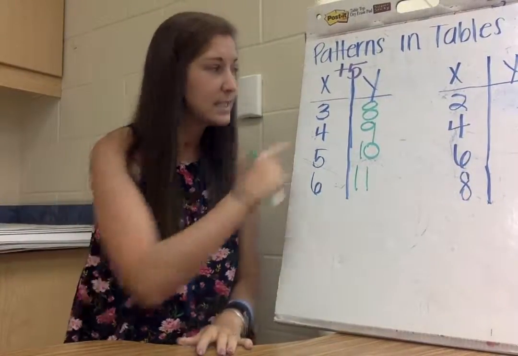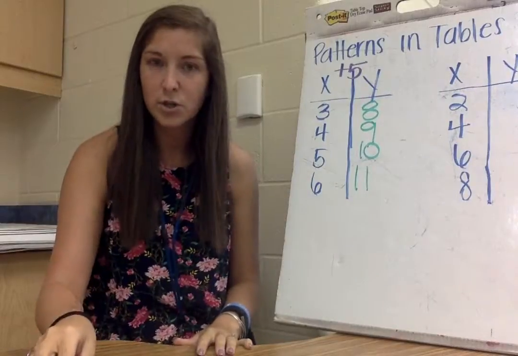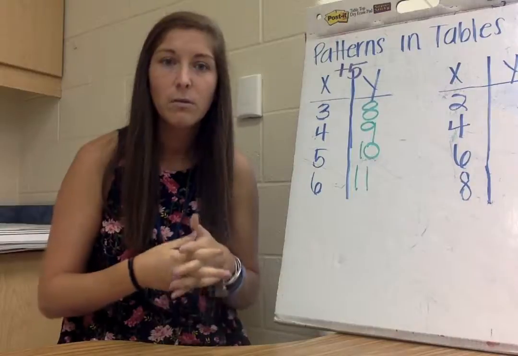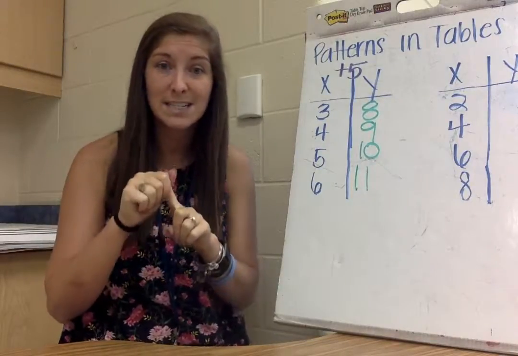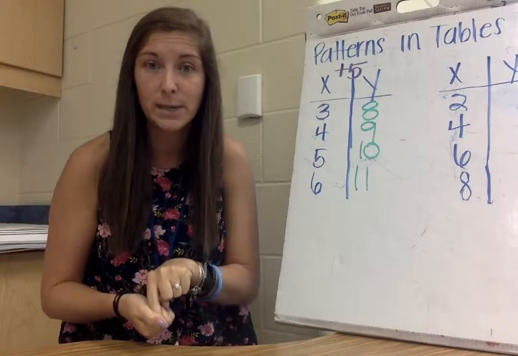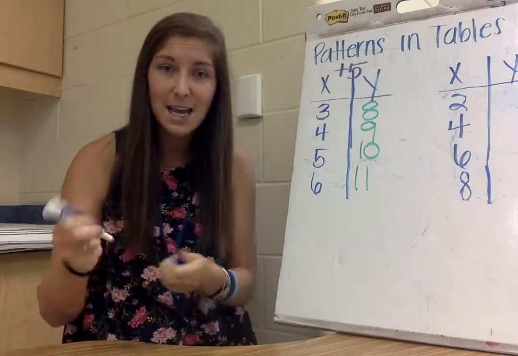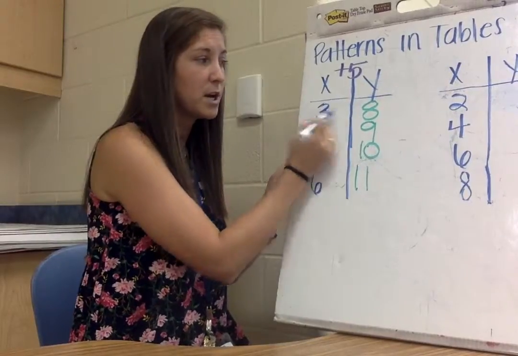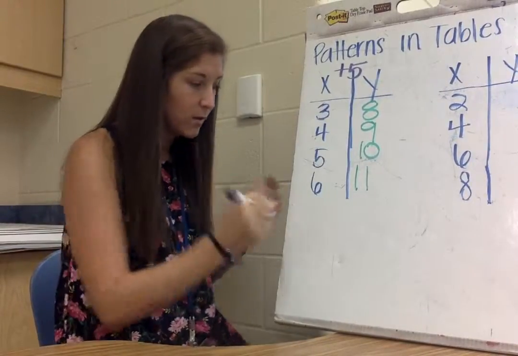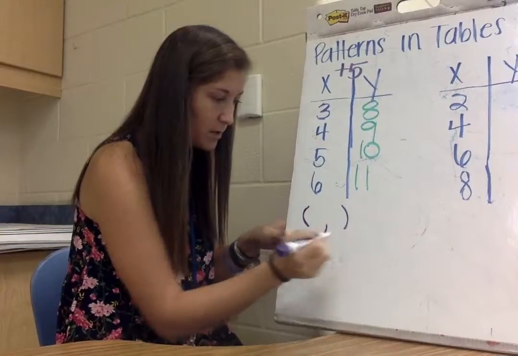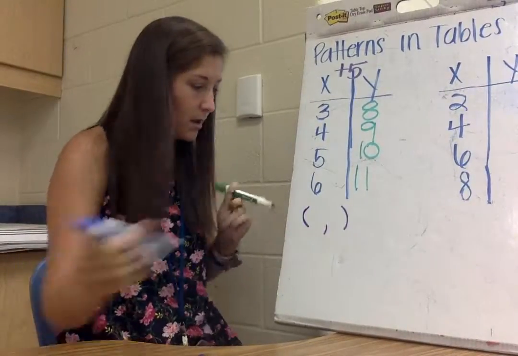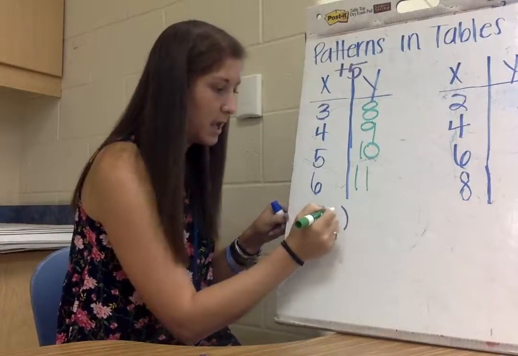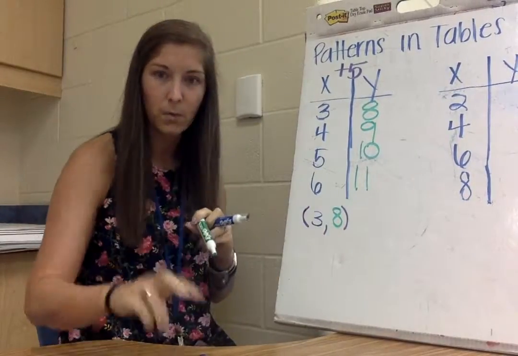Now, I can take these X and Y coordinates, as I'm sure you've learned, and make something called an ordered pair out of them. Whenever we make an ordered pair, it is inside a set of parentheses and separated by a comma. For example, my first pair here is 3, 8. So I can write my parentheses and my comma, and write 3, which is my X coordinate, and 8, which is my Y coordinate.